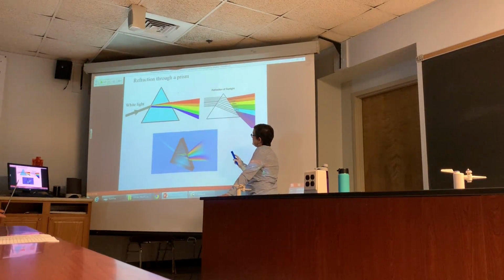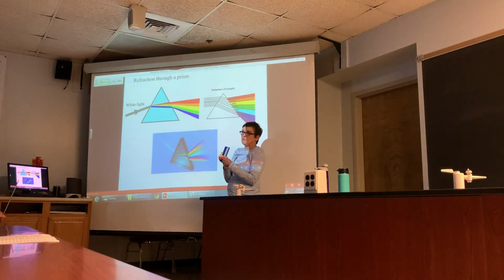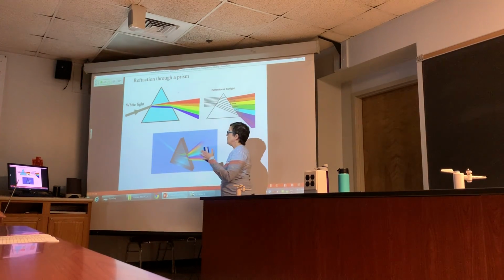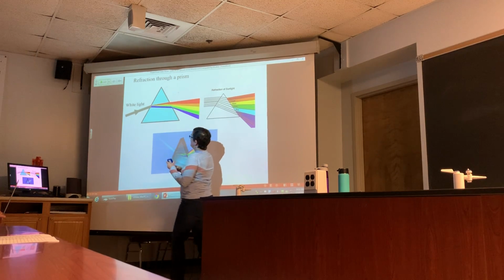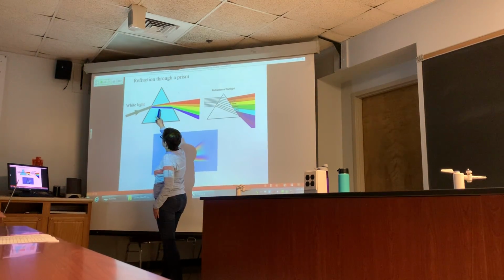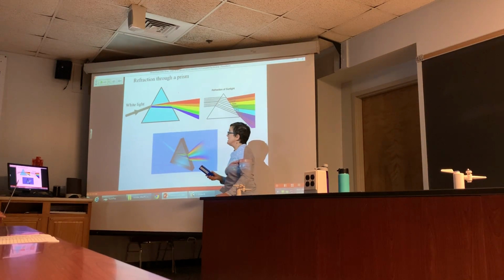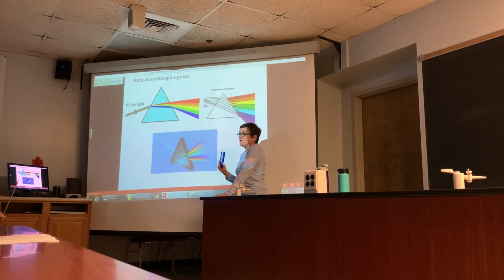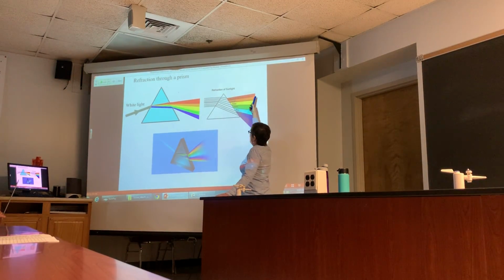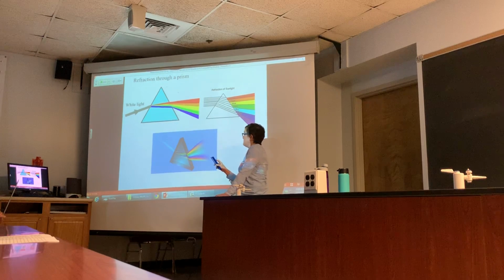And just a real quick review of this from grade school. White light contains all the wavelengths of the visible light spectrum. If you pass it through a prism, the prism bends the light and splits it up into the colors of the rainbow that make up the visible light spectrum.